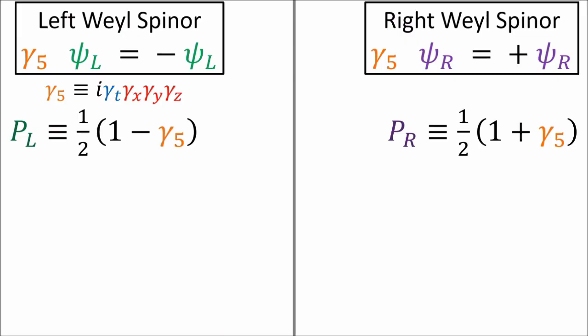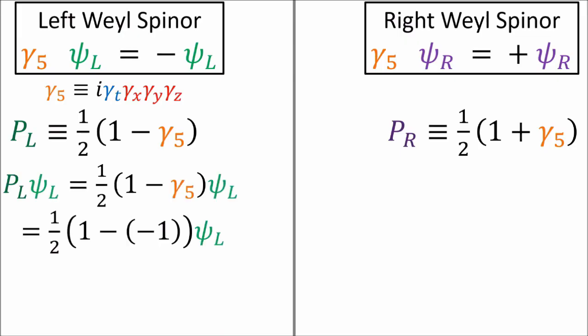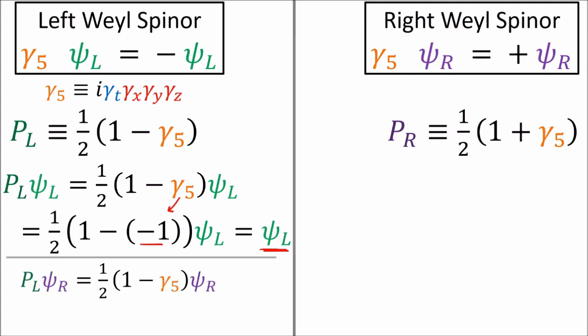If we apply PL to a left eigenspinor, the eigenvalue of -1 gives us 1 plus 1 equals 2, and divided by 2 is just 1. So the left half is unchanged by the PL projector. But applying PL to a right eigenspinor, the eigenvalue of +1 gives us 1 minus 1 equals 0. So the right half is removed by the PL projector.